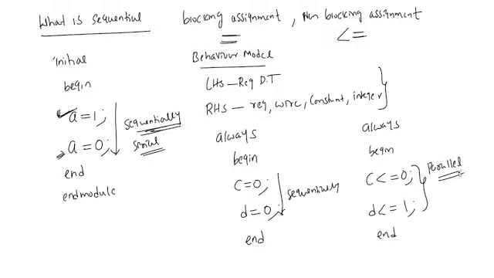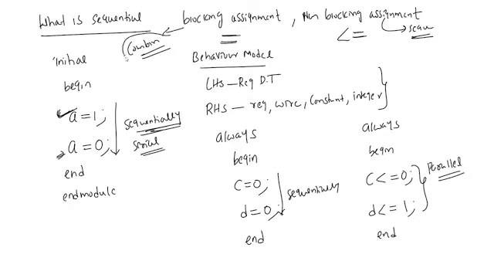Sir, in between two non-blocking statements, if I make a blocking statement? Basically, for designing combinational circuits we use blocking assignments, and for designing sequential circuits we use non-blocking assignments.